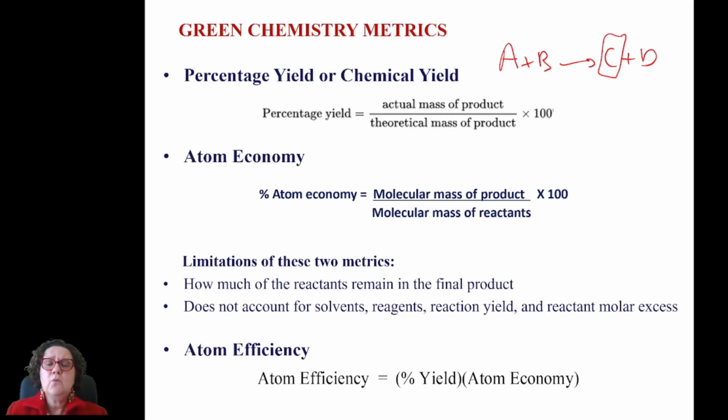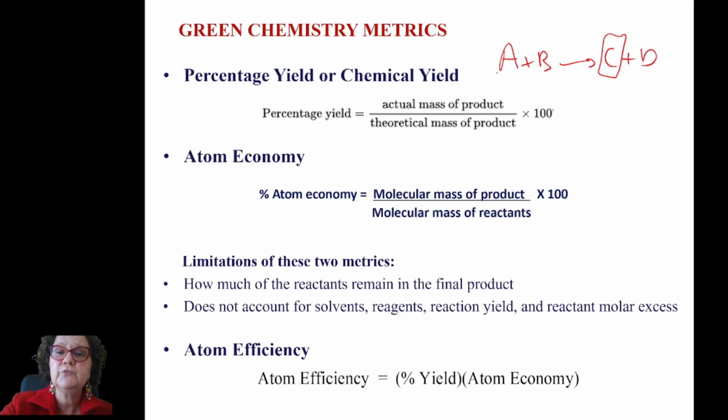Atom economy looks at the theoretical efficiency of a reaction in a slightly different way. It looks at the mass of the product divided by the mass of the reagents. Ideally, and I don't mean the actual mass, I mean the molecular mass of the product divided by the molecular mass of all the reagents. So how many of those atoms of reagents actually make it into the product?